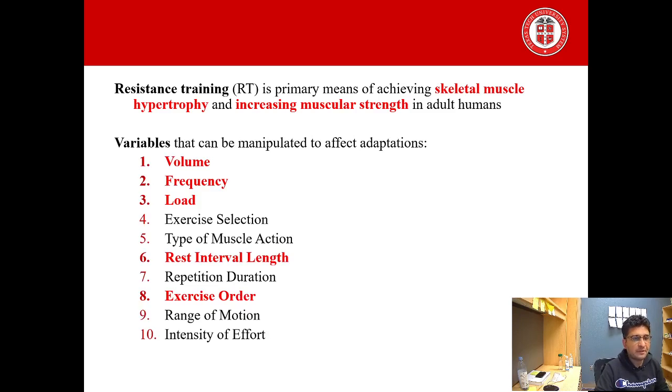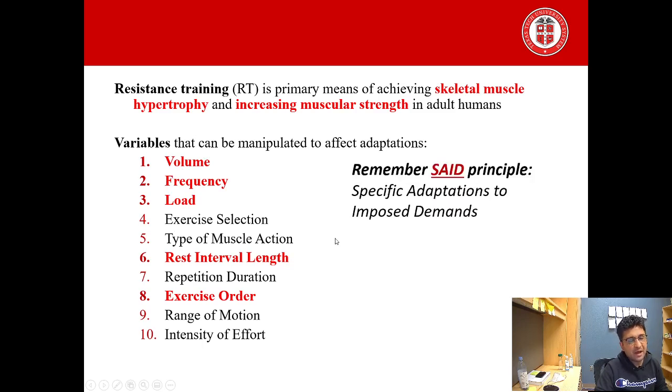And these are a list of 10 variables which make resistance training work. I'm discussing the ones which are highlighted in red, and we have to remember that all these variables are dependent on the SAID principle, or exercise specific modality principle, that our body is going to respond depending upon the specific exercise modality.